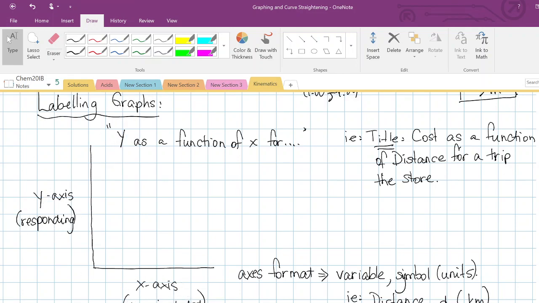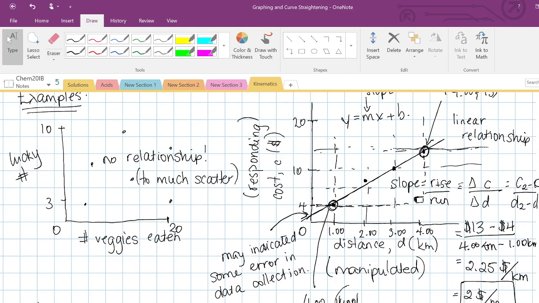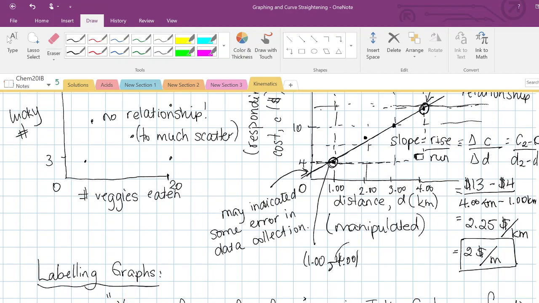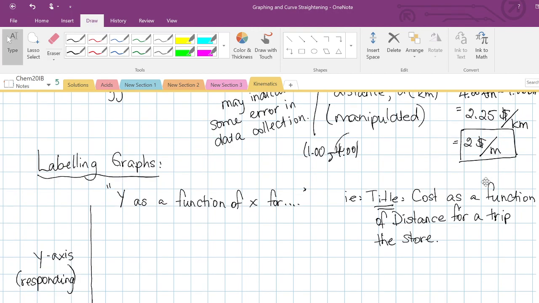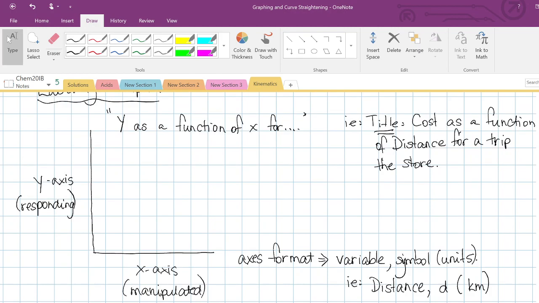The x is your manipulated. So if we look at that previous example again, we were comparing cost as a function of distance for a trip to the store. In this case, cost is a function of distance for a trip to the store. That is a typical Physics 20 and Physics 30 graph title that you would use.